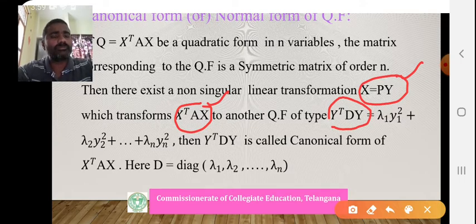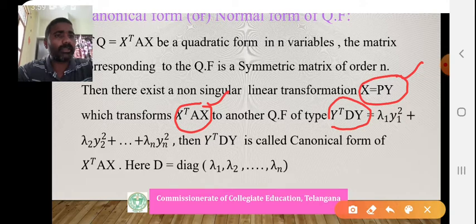There are no other terms like y1 y2, y2 y3 and so on. Only square terms appear. Y transpose Dy, where y contains n components y1, y2, up to yn, and D is a diagonal matrix whose diagonal entries are lambda 1, lambda 2, up to lambda n.